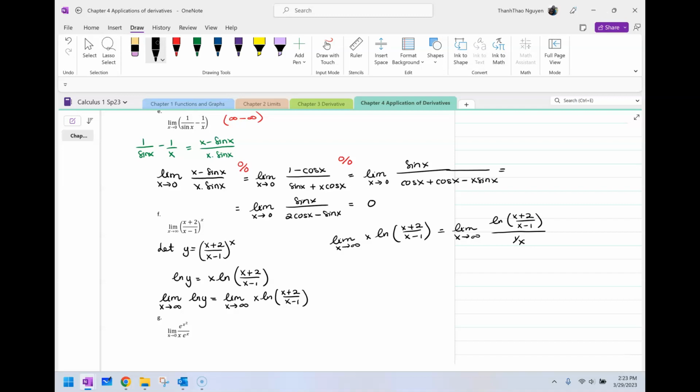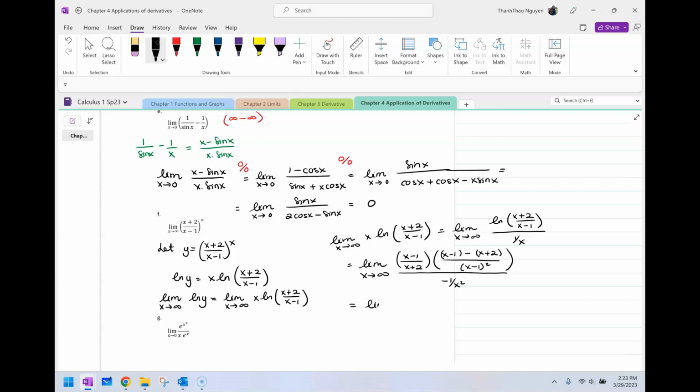So then I can go ahead and take the derivative of the numerator divided by the derivative of the denominator. This equals the limit as x approaches infinity of 1 over x plus 2, times x minus 1, minus x plus 2, all divided by x minus 1 squared, together divided by negative 1 over x squared.